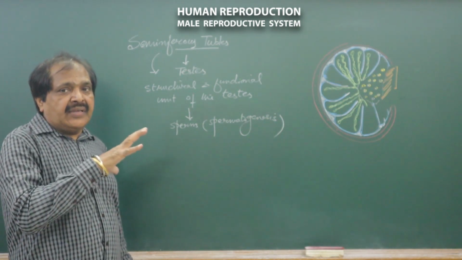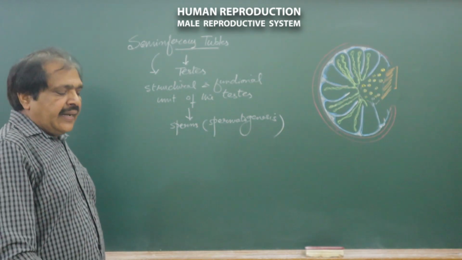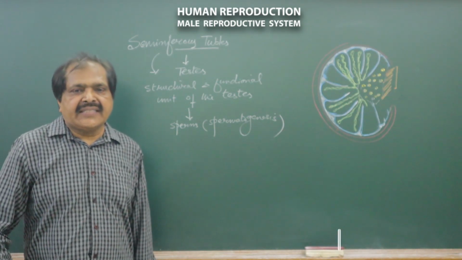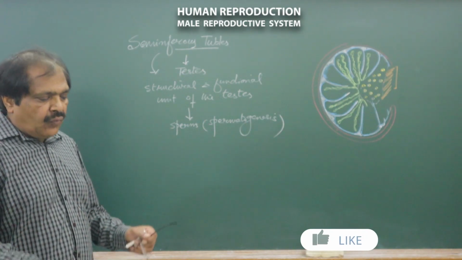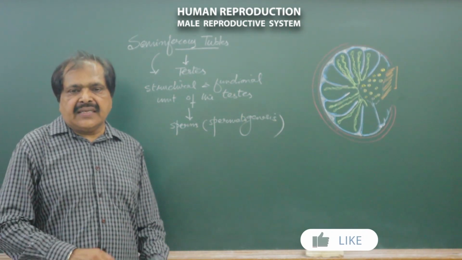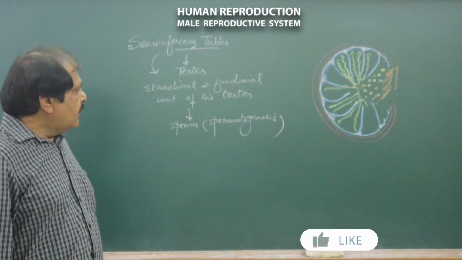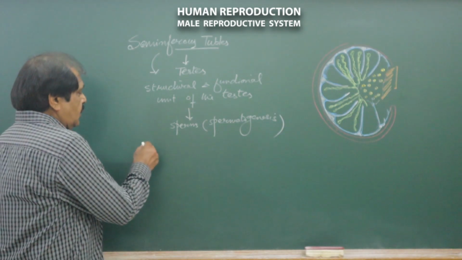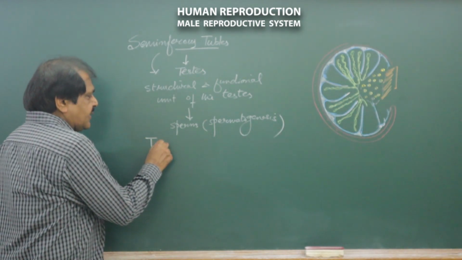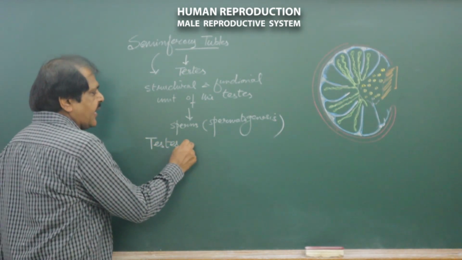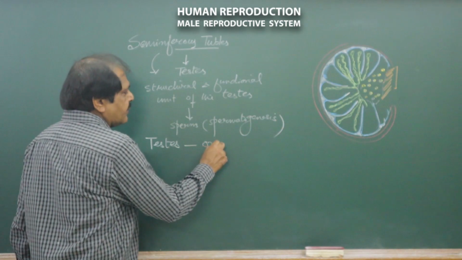Before we discuss the seminiferous tubules, let us talk about the longitudinal section of the testis. What are the structures which are present in the testis along with the seminiferous tubules? You know, testes, they are two in number, one pair.